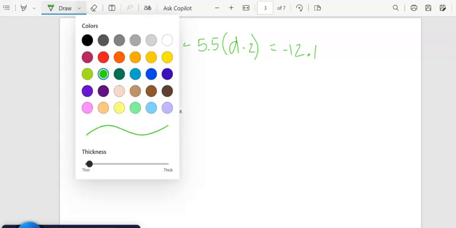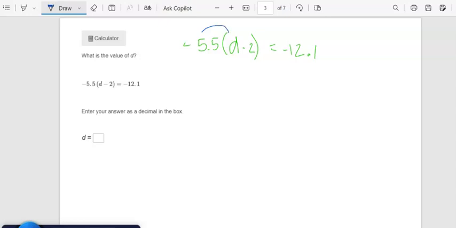So using distributive property, we're going to multiply the negative 5.5 by the d, and you just write that as negative 5.5d. And this minus 2 is the same as plus negative 2, so then you're going to multiply negative 5.5 times negative 2. Put it in the calculator, and that should be positive 11.